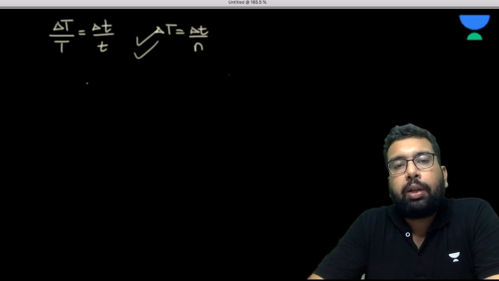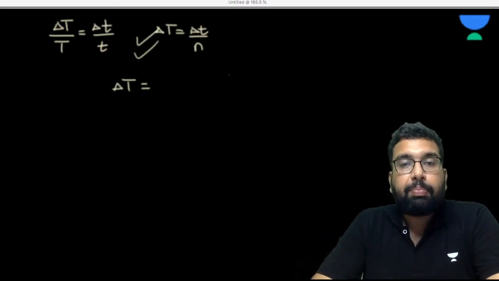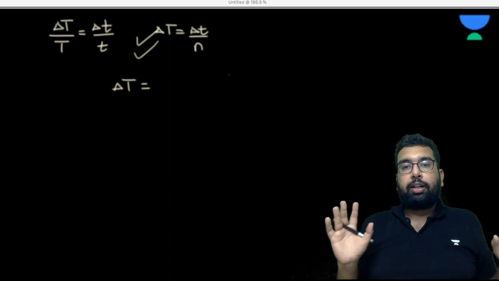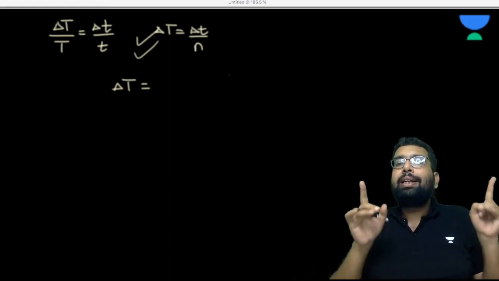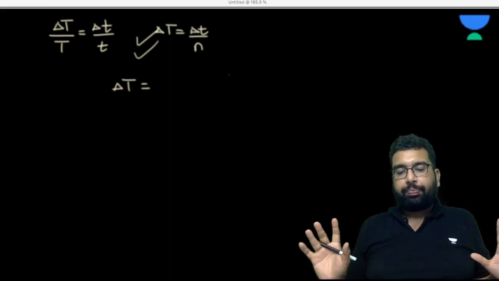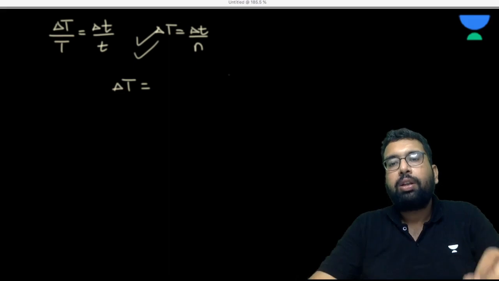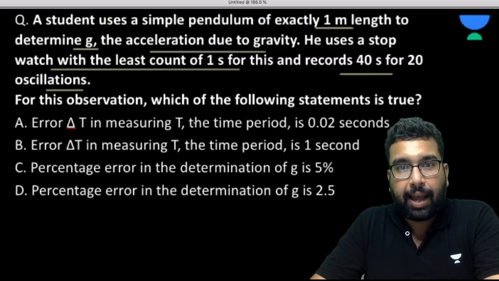So let's use this formula. Capital delta T is the error in the measurement of one oscillation, that is one time period. Capital T refers to the time period, and time period is the time taken to complete one oscillation. Now to complete one oscillation, what is the error?